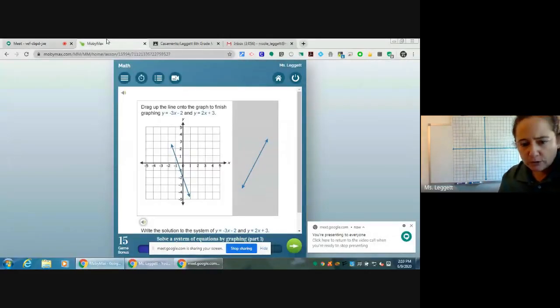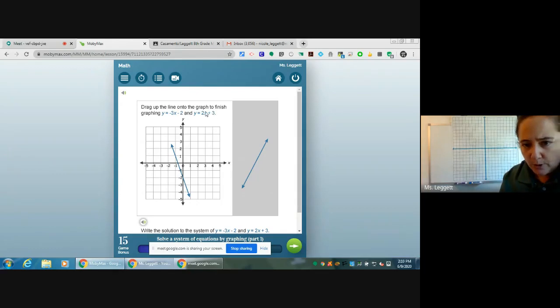Okay, so let's take a look here. It says drag up the line onto the graph to finish. Okay, well, let's see which one we need to do. This intercept is hitting the y-axis at -2, which would be this one, which means this line is for this one.